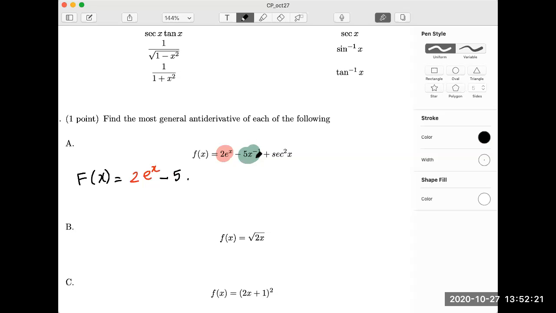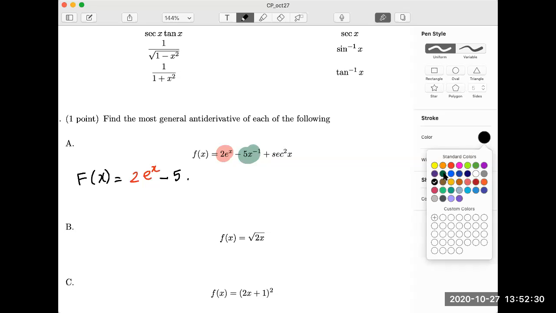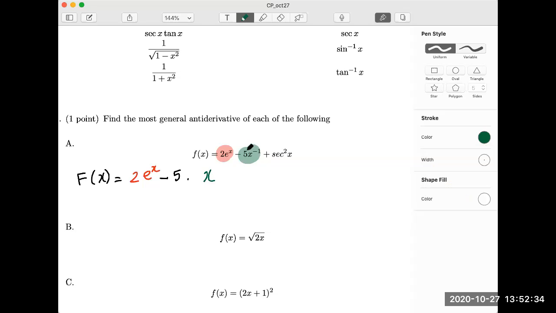Then what we care about is the antiderivative of x to the minus 1. So the antiderivative of x to the minus 1 will be x raised to the power of negative 1, and we add 1 here in the power.